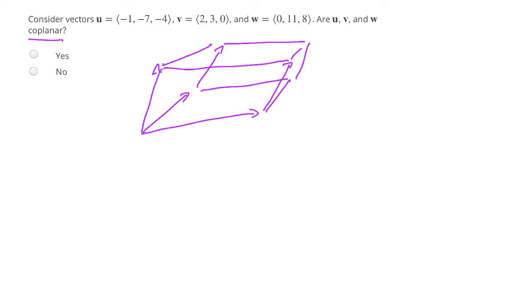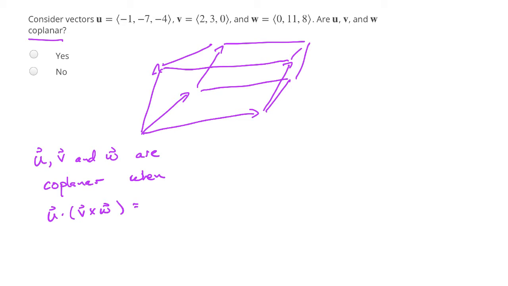And so how we would solve this problem is basically this. u, v, and w are coplanar when we do the volume of the parallelepiped, or in particular, the scalar triple product, and that volume ends up being 0.